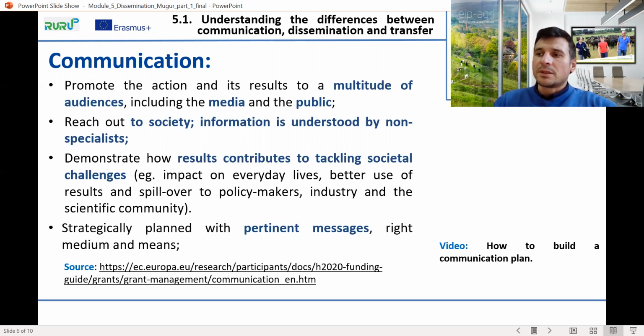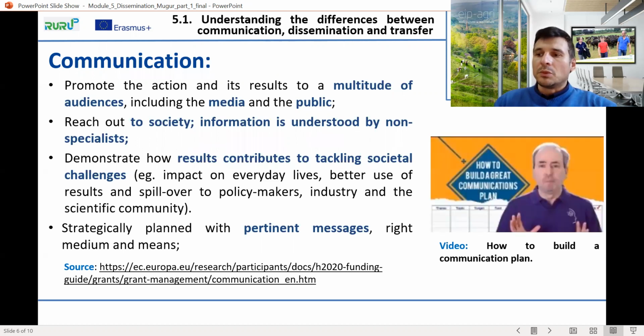Such pertinent messages should use effective communication means to reach a critical mass of consumers, like social media campaigns, debates, the use of influencers, and so on. In the long run, the aim is to change the consumer's mindset, which in the end can improve their willingness to pay for sustainable products, transforming them into drivers for policymakers. Find out more about what a strong communication plan is and how you can build one by watching the video recommended in our online repository.